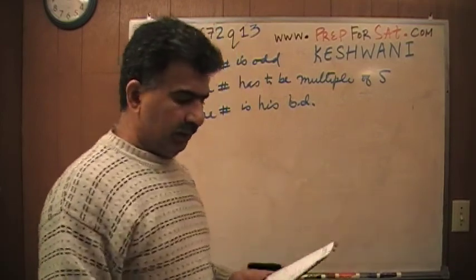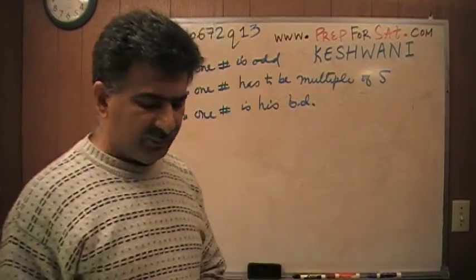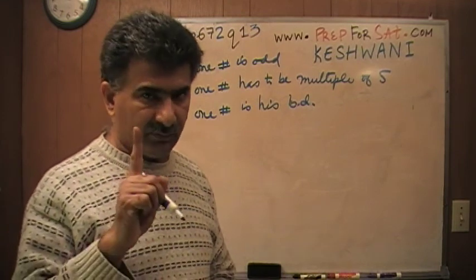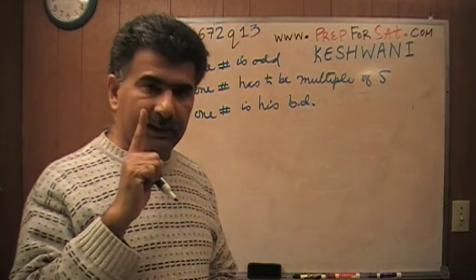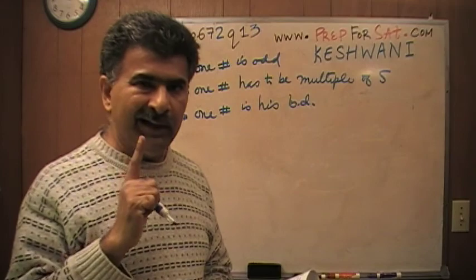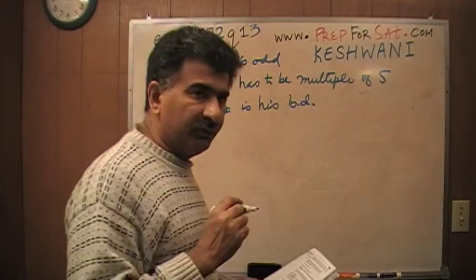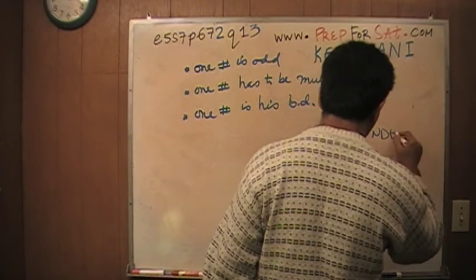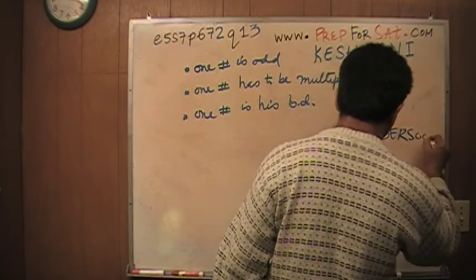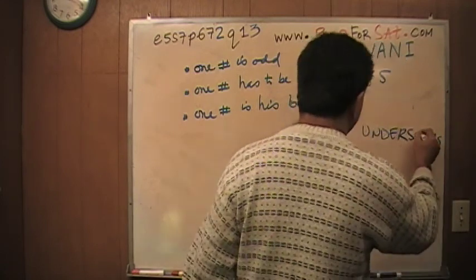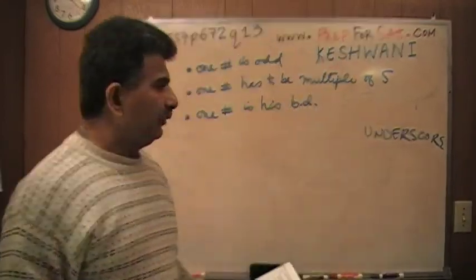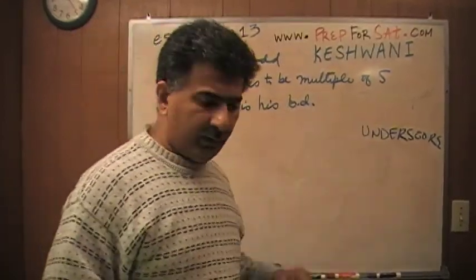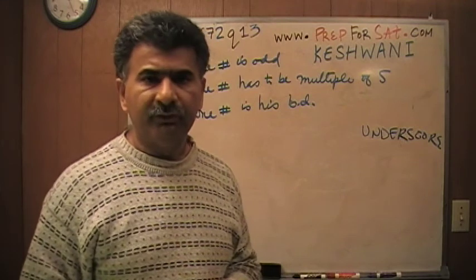Then they go on to explain that each number has to satisfy exactly one condition, and they underline the word exactly. I was going to say underscore. If you don't know what underscore means, pick up the dictionary and learn the word underscore. It has 2 meanings.